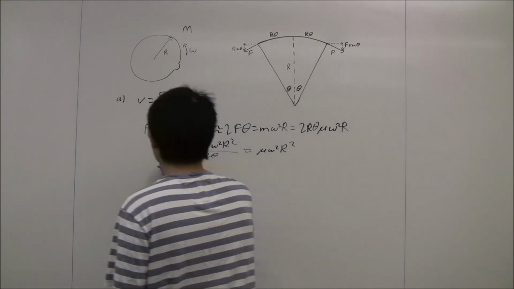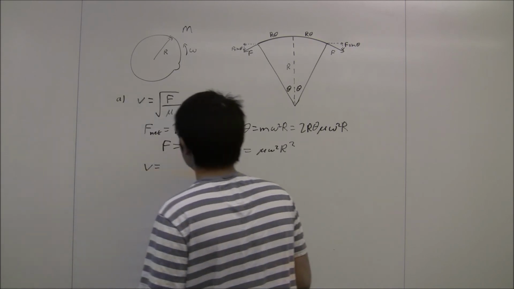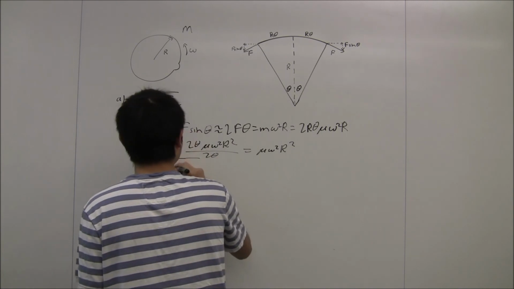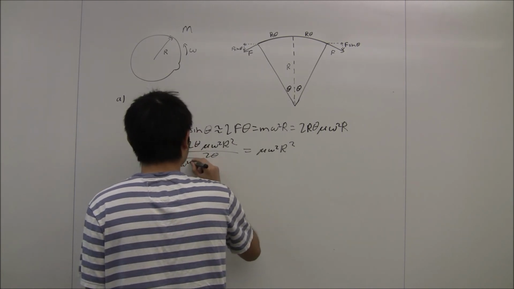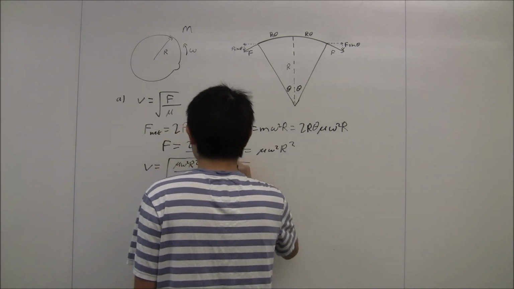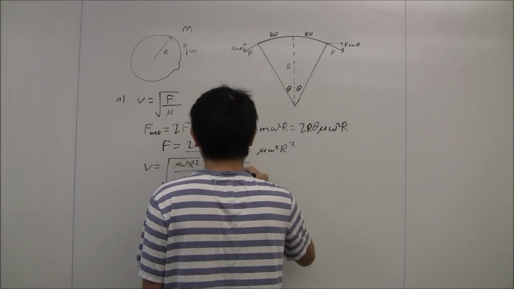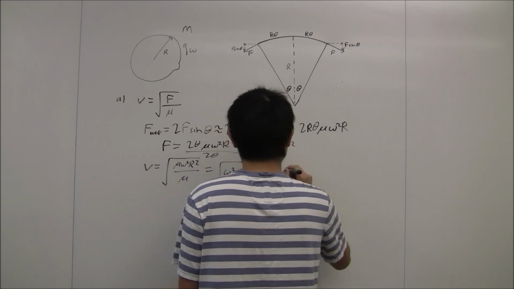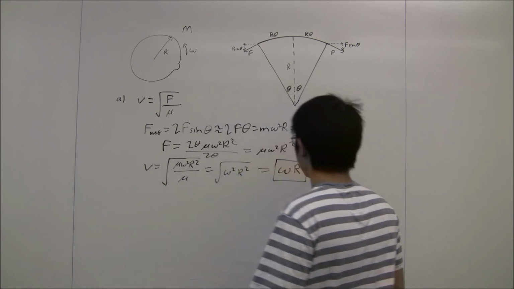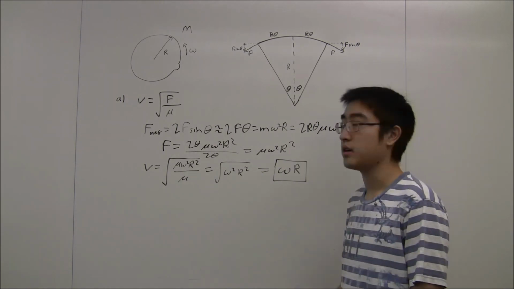Alright, so that means that the wave velocity is going to be the square root of mu times omega squared times big R squared over mu, which is the square root of omega squared times big R squared, which is just omega times big R. So that's our answer for part A of the problem.